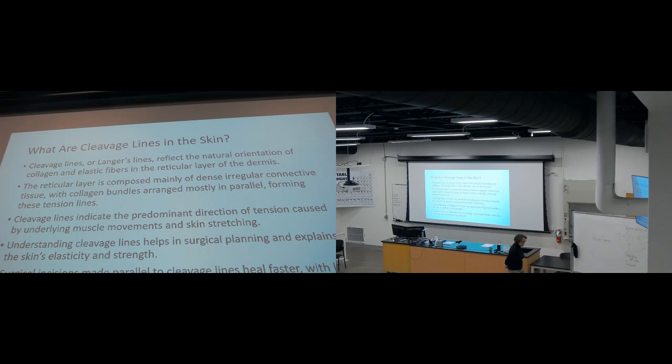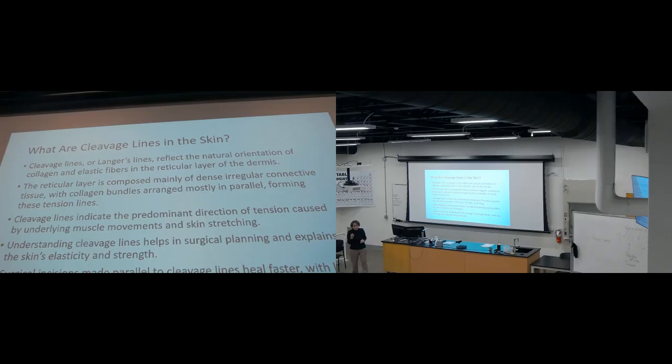Okay, now, in our skin, we have orientation of these collagen fibers in many areas that creates a pathway, if you want to see it that way, and these are called the cleavage lines. These cleavage lines are specific in certain areas of the body in the way they orient, and they can be useful for whenever someone is going to have a surgery to make an incision following these lines.